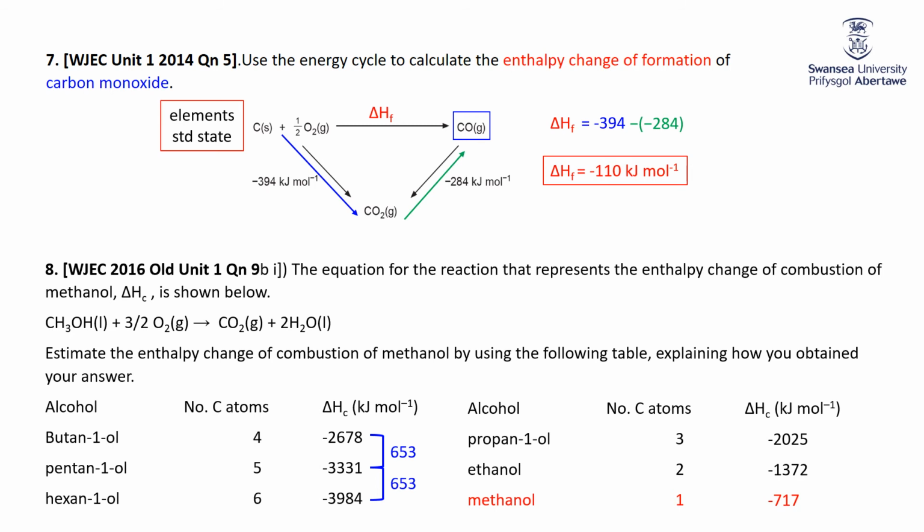Now I should notice I've been extremely cavalier with my minus signs there and so on. I'm essentially just ignoring the fact that it was a minus when I'm talking about subtracting things. What I want you just to notice is that from there to there 653, from there to there 653. So we just continue to remove a little chunk of 653 from the number to get down to our estimated value for methanol.